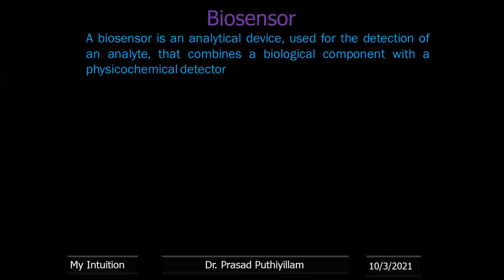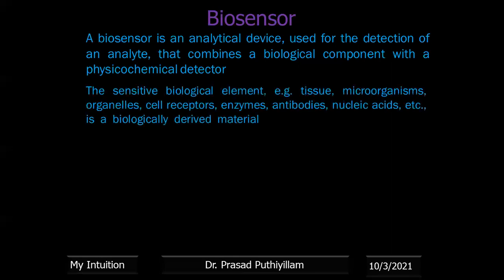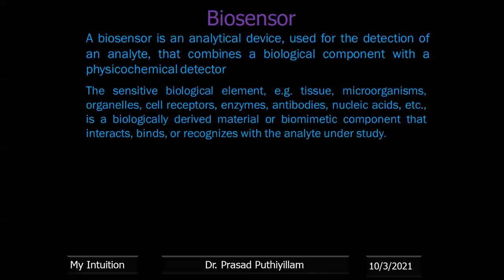We call it a biosensor, mainly used to detect biologically active elements like tissues, microorganisms, organelles, cell receptors, enzymes, antibodies, nucleic acid, or even biologically derived material or biomimetic components.